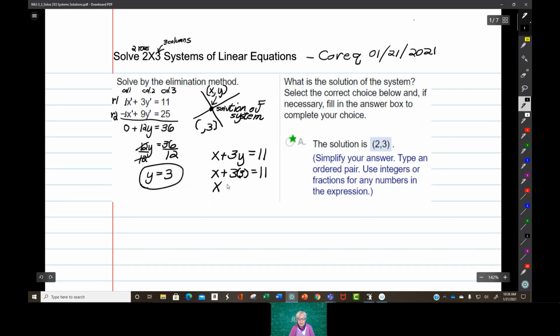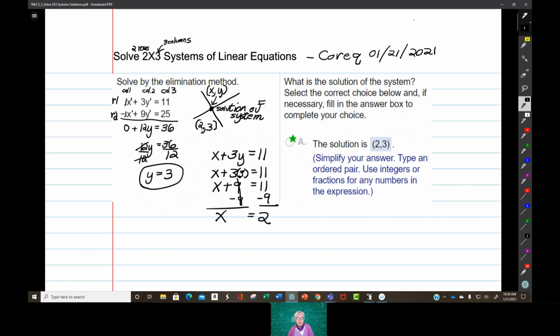Well, 3 times 3 is 9, so X plus 9 is 11. And to solve for X, I subtract 9 from both sides of the equation. 9 minus 9 is 0, or 9 plus negative 9 is 0. So X equals 2, and indeed, we have just found out what the X coordinate is.